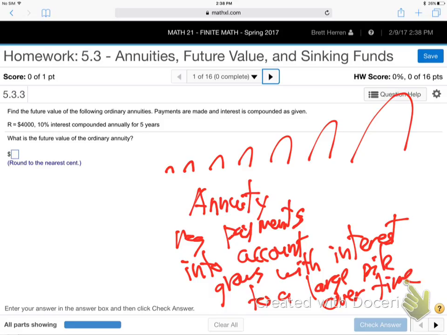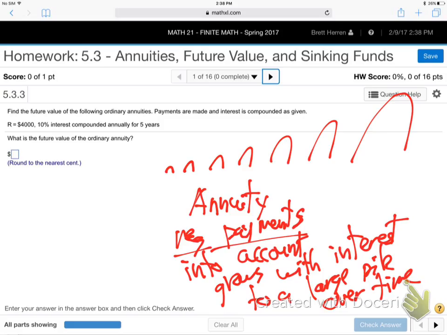So that's the idea, if you can read my scribbles there. An annuity is regular payments into an account that grows with interest to a large pile over time. That's different than what we were just doing, compound interest. Everybody see the difference? With compound interest, the section we just finished, you put the money in the bank one time, like the person gave him $9,000 at birth, and that $9,000 alone grew to become whatever it was at the end, $36,000 or something, after 20 years.